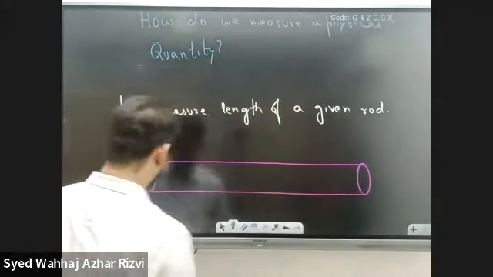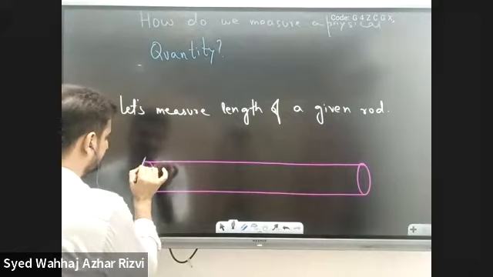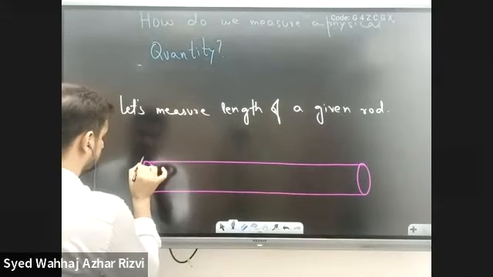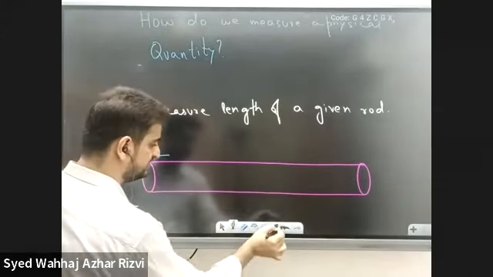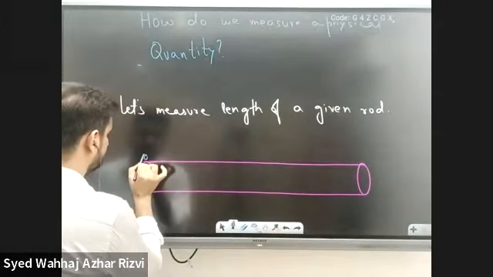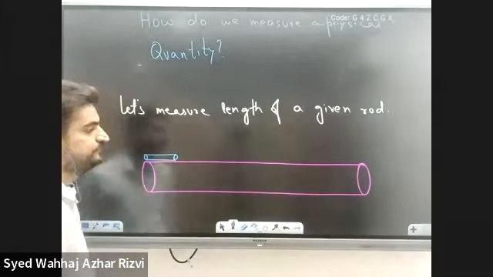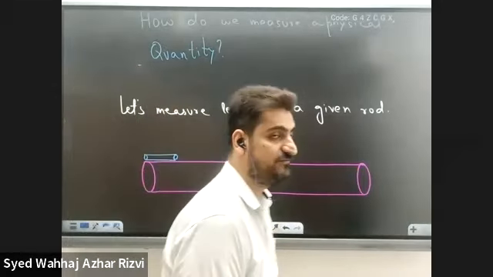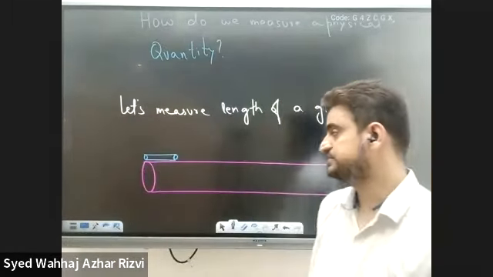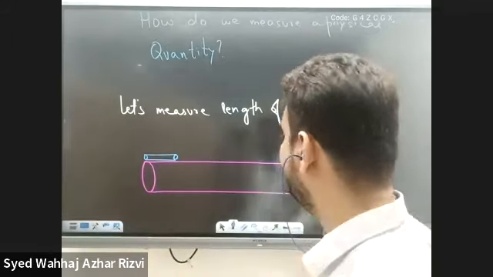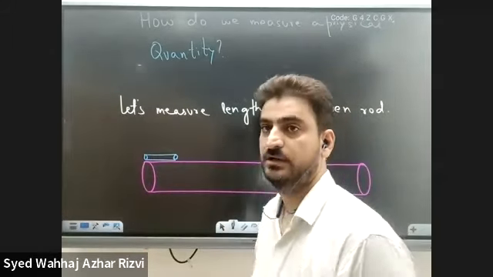Let's do one thing. Let's take another rod of this length, another rod of this length. Okay, now how many rods are we having here? We are having two rods. One is a pink rod and another one is the blue rod.